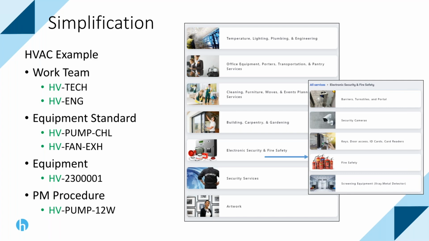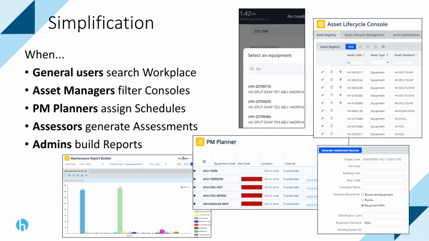And then everything is based on that. So even your service portal, which we talked about in the last lesson, is based on those same types of processes and teams. The reason why I recommend setting up prefixes is because there are a variety of users who use the system, and there are a lot of different screens that don't show the 70 different fields in Archibus that store information on assets.